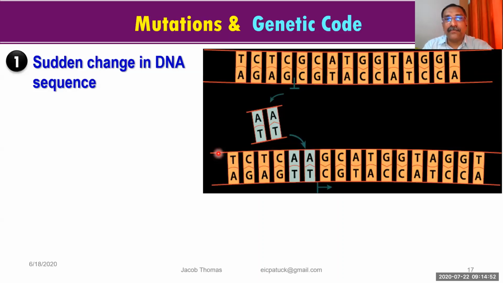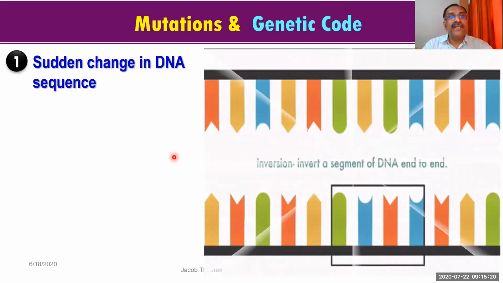It is one codon. Then CGC, another codon. ATG, another codon. But when two are added over here, the meaning has changed. It becomes TCT, that is exactly correct. But after C, in place of CGC, CAA has come. So that is something new, something different. This kind of sudden heritable change in the genome is known as mutation.